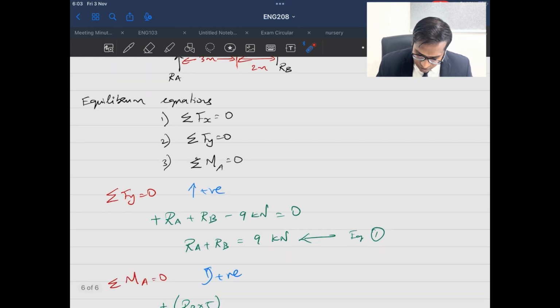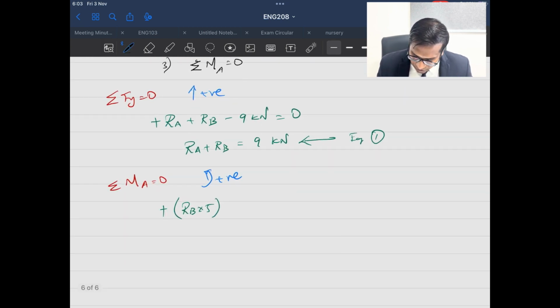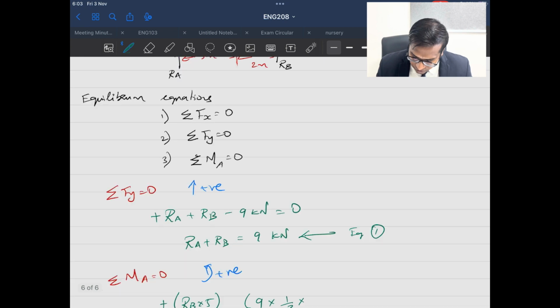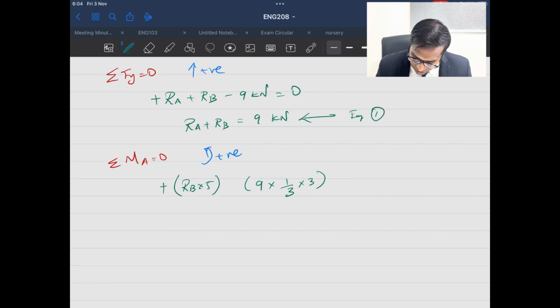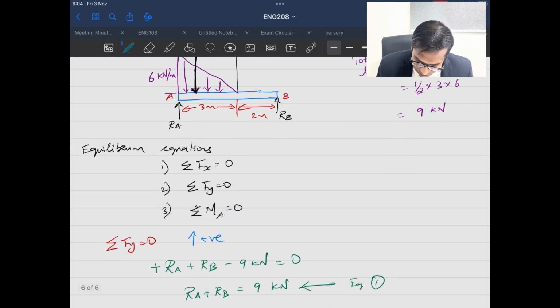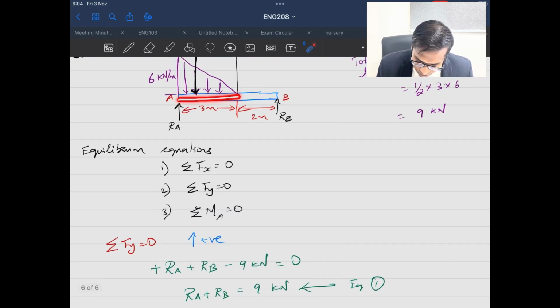So if I write this, my load is 9 into 1/3 of the total length, which is 3. Now the sign: if I consider the body about point A, the load is acting like this, so it will cause the body to rotate in the clockwise direction.